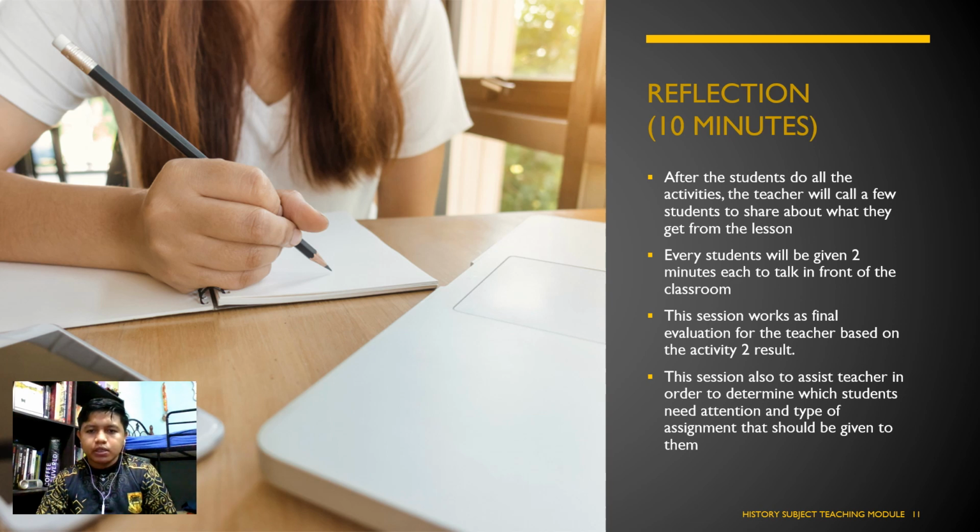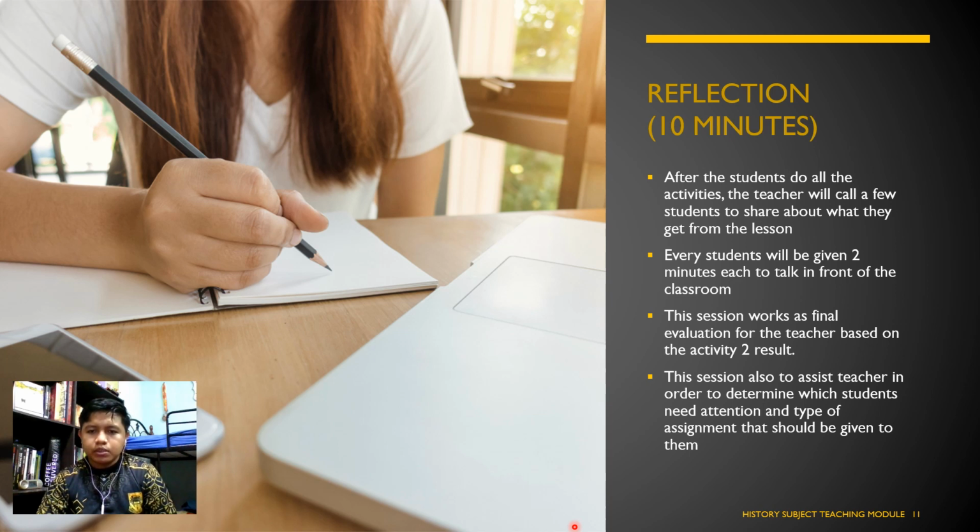So the last one is reflection, which requires about 10 minutes. After all the activities, now activity 1, Tahu-tahu Betul, lucky draw, and also activity 2, Time to Climb, the student will have the reflection for their lesson.